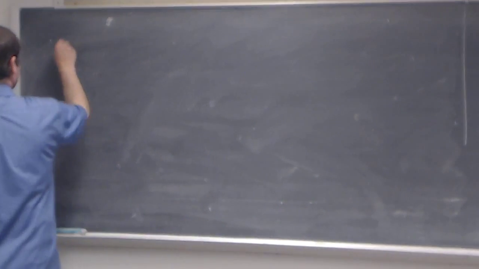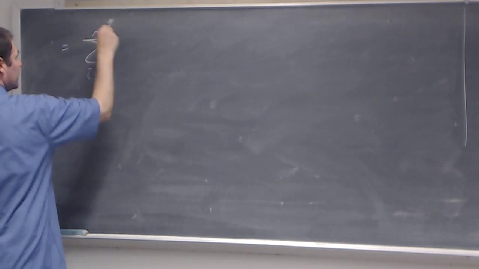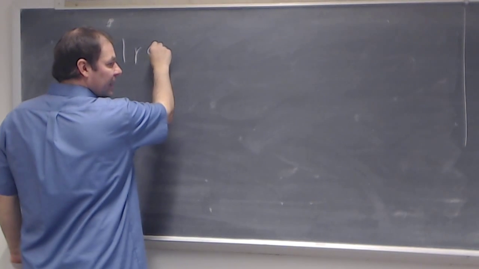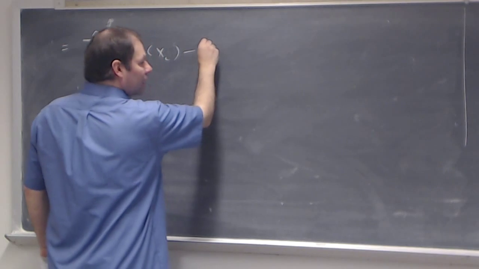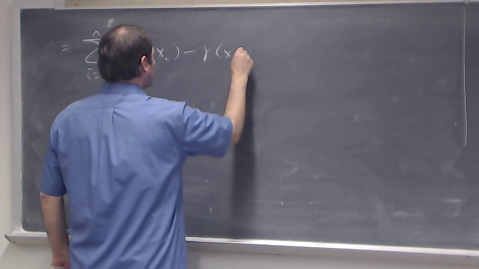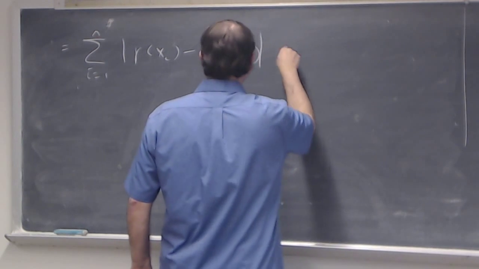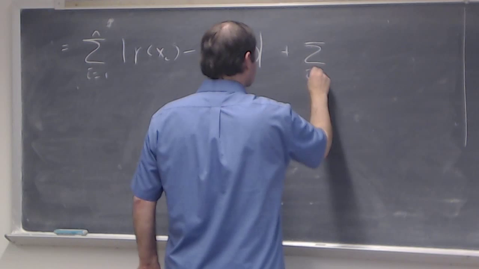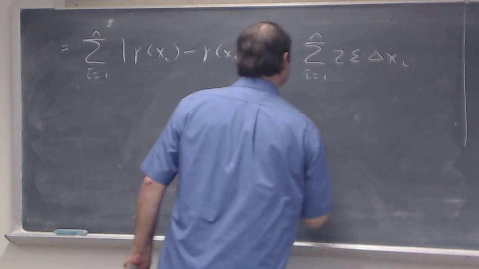So I just mentioned I can make this into 2 sums. So it equals the sum as I run from 1 to n of the norm of gamma of x sub i minus gamma of x sub i minus 1, plus the sum as I run from 1 to n of 2 epsilon delta x sub i.